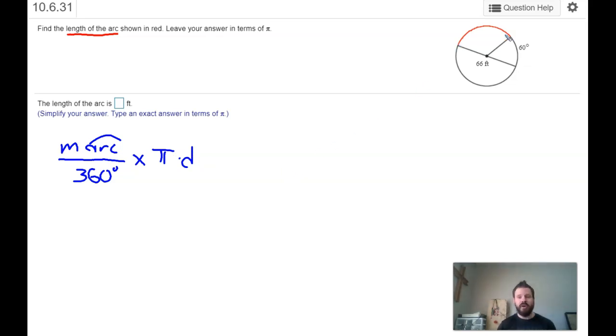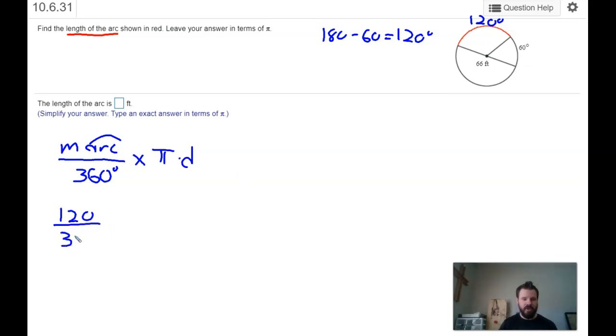Okay, let's fill in what we know here. Now, I don't know this arc measure right off the bat, but since this arc measure is 60 degrees, and I know that here I have a semicircle, half the circle is 180, I'll take 180 minus 60, which gives us 120. So my arc measure is 120.